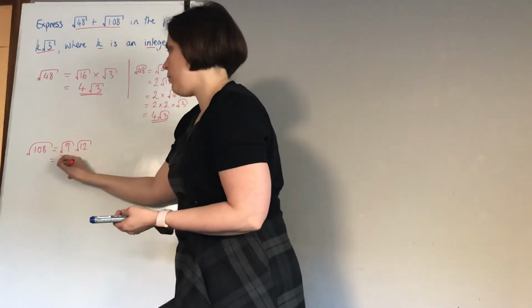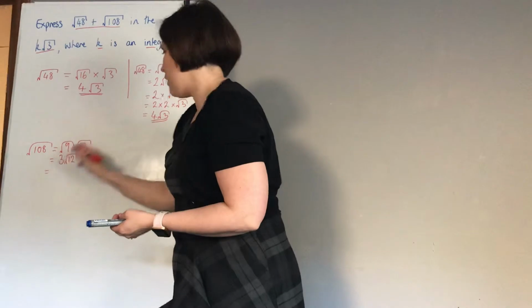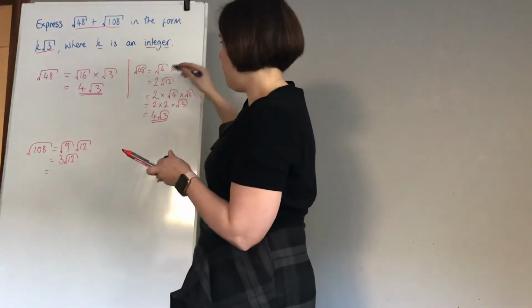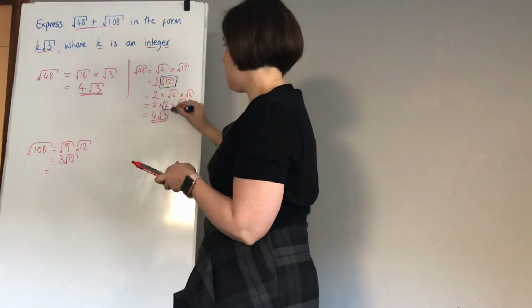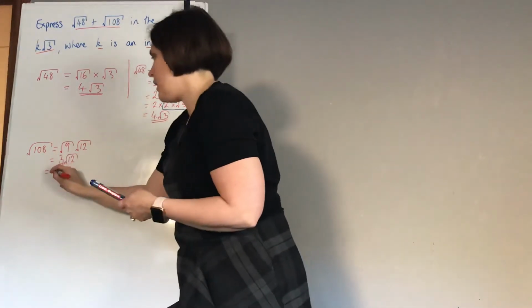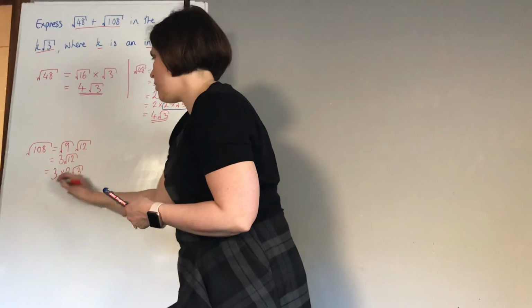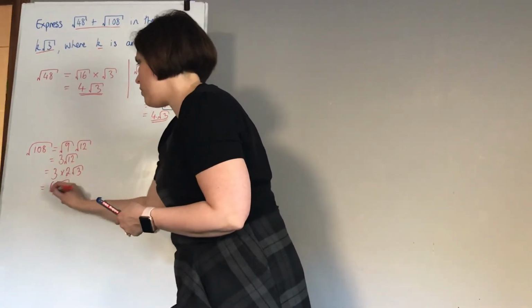That would be 3 root 12, and just like we did up here, we know that root 12 becomes 2 root 3, so we get 3 times 2 root 3, so overall we get 6 root 3.